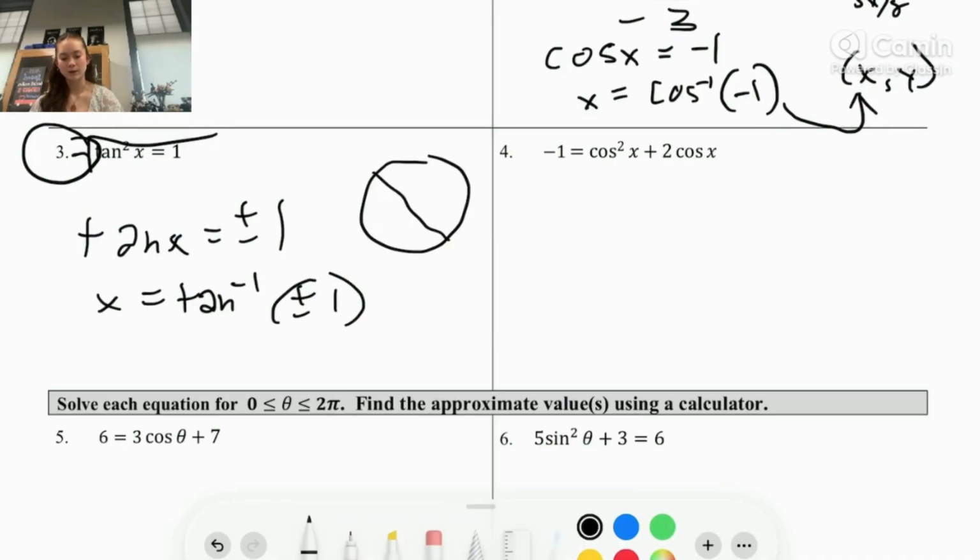When you're thinking of tan, that's going to be pi over 4, 3 pi over 4, 5 pi over 4, and 7 pi over 4. Because those values are always root 2 over 2, and if you divide that by root 2 over 2, it's going to get you just 1 or -1.